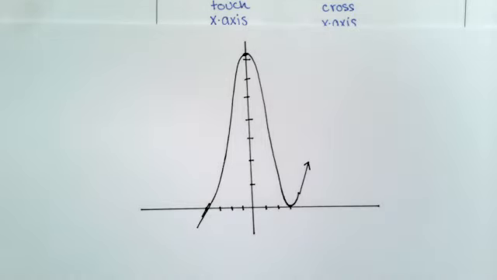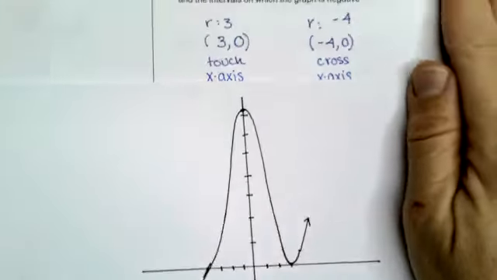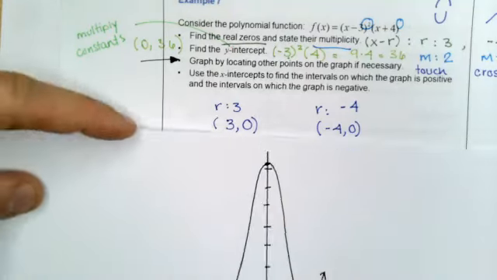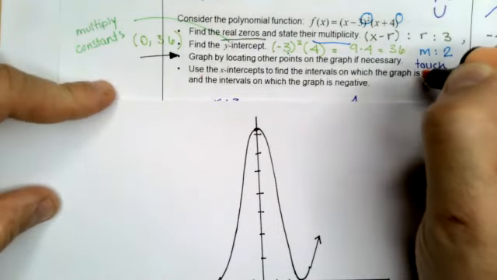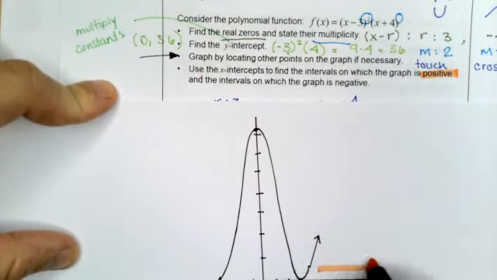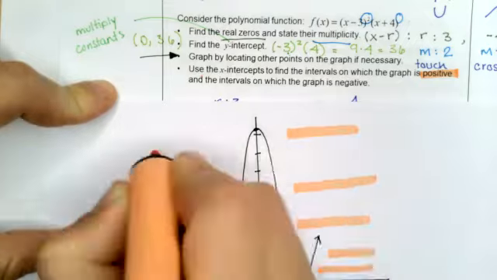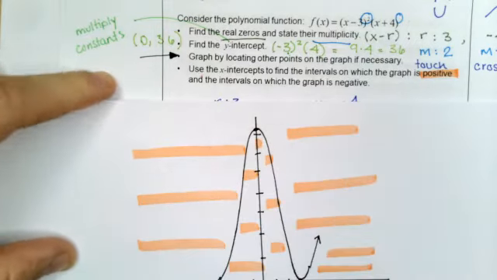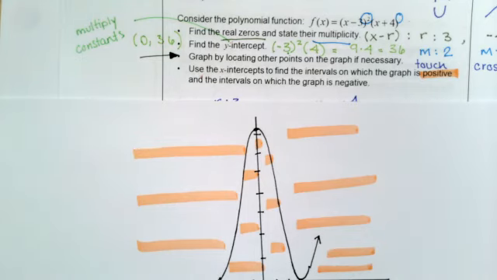And then it says use the x-intercepts to find the intervals on which the graph is positive and the intervals on which the graph is negative. Remember, positive just means it's above the x-axis, okay?